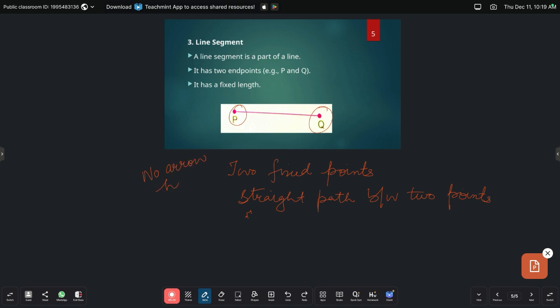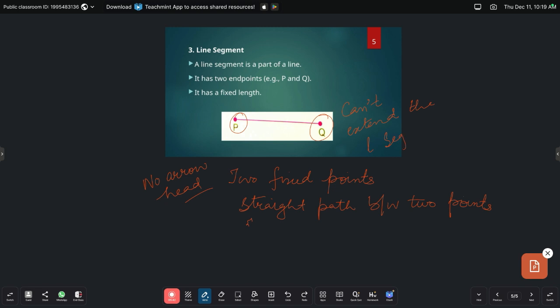So as there is no arrowhead, we cannot extend the line segment. Got it, boys? If we cannot extend it, what can we say? We can say that it has a fixed length.